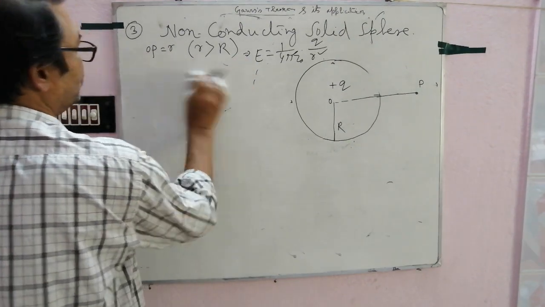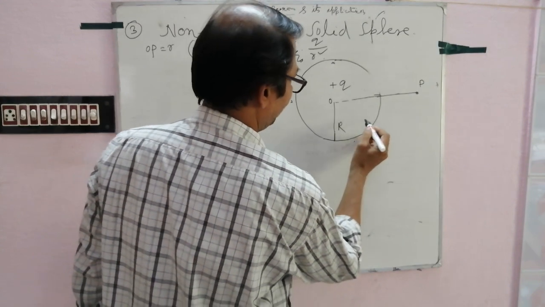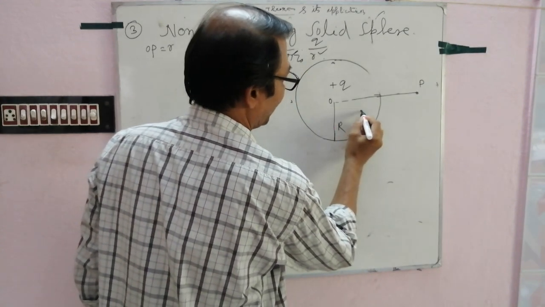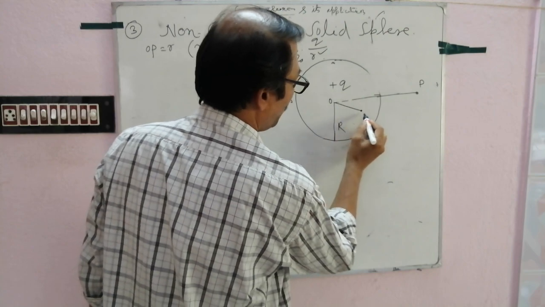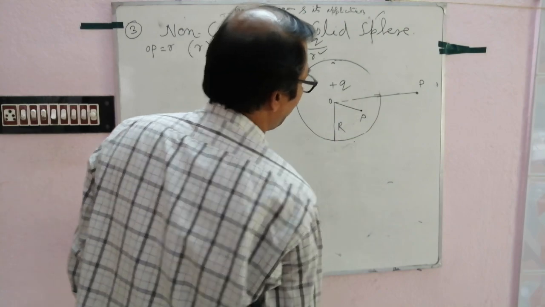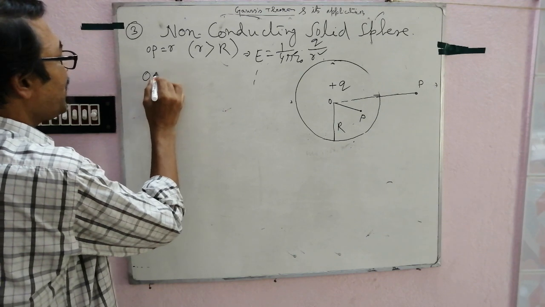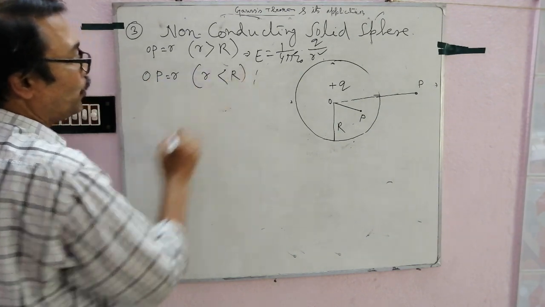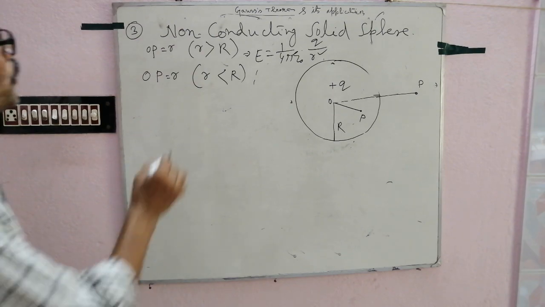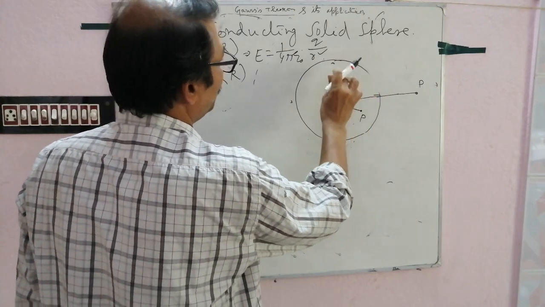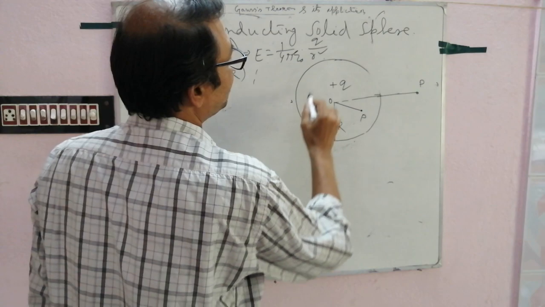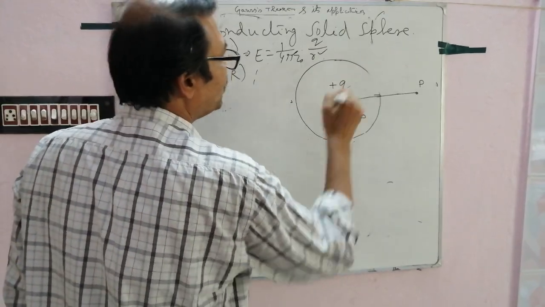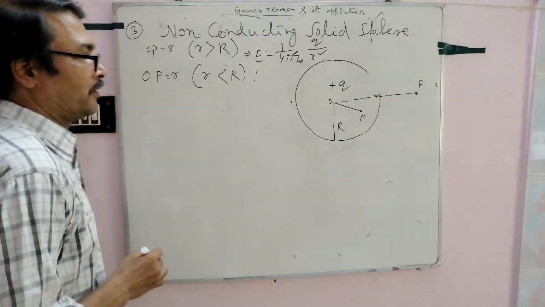But now we have to find out the intensity of electric field here at a distance OP. This is the point P, where OP equals r, and r is less than R. Follow this. In a non-conducting solid sphere, the charge is distributed uniformly, suppose uniformly throughout the sphere.